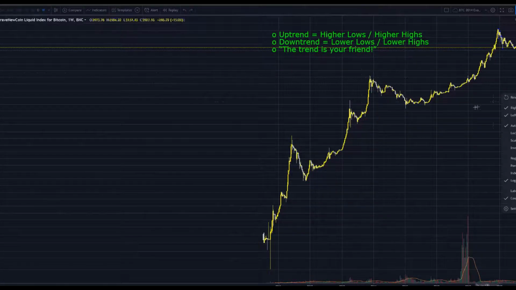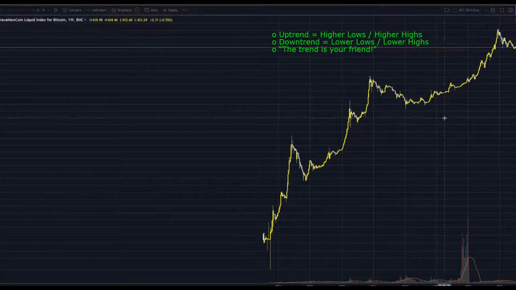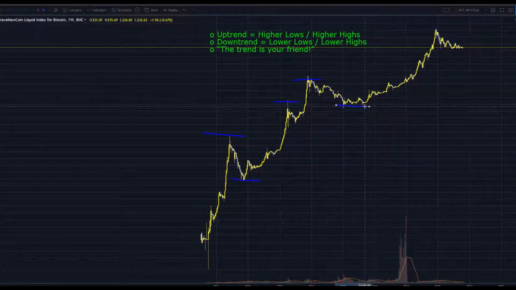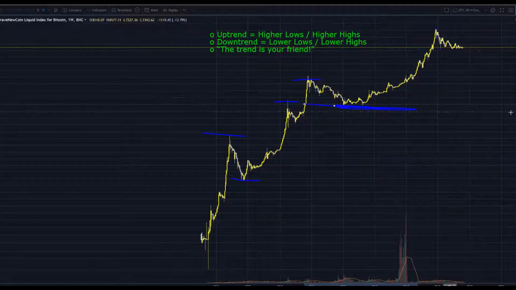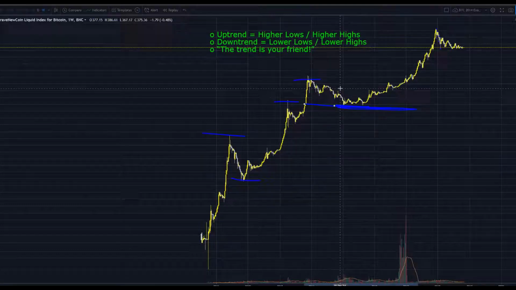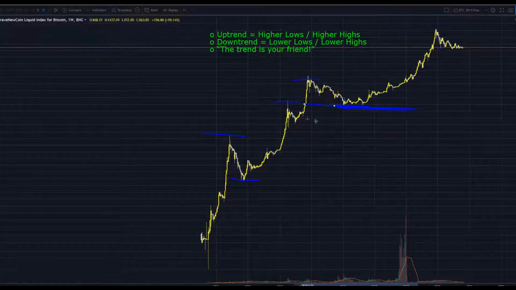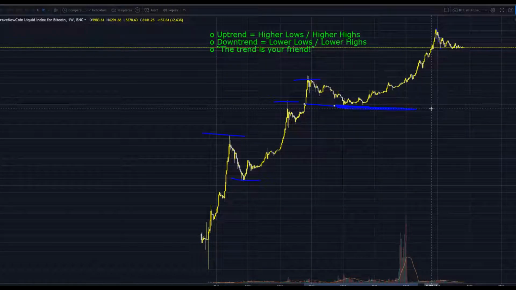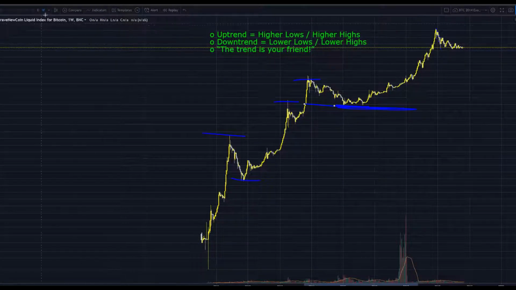It doesn't have to go on forever necessarily, but until it does, the long-term uptrend is intact, and I want to be long this asset in the long term. Until this series of higher highs and higher lows is broken, which really will not be broken until we break this level, I want to be looking for longs of this asset in the long run, right? I'm going to always have a position in this of some sort, even if it's just a very small one, until that level is broken.